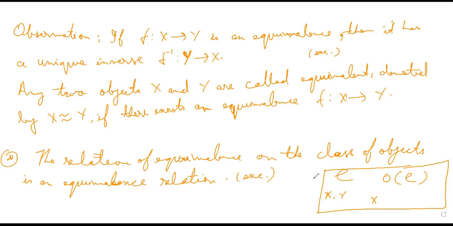So if x is related to y, then there will be some equivalence f from x to y, but then f inverse from y to x also will be an equivalence. Hence, this relation is an equivalence relation.